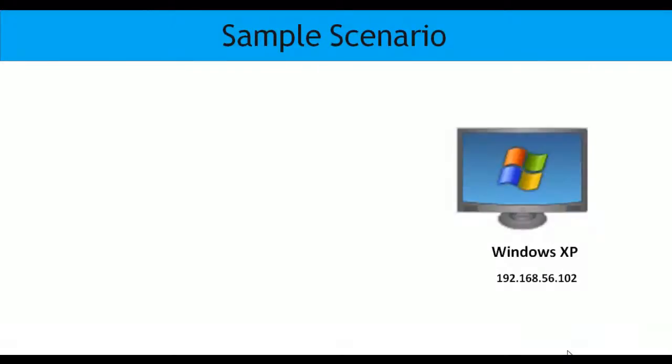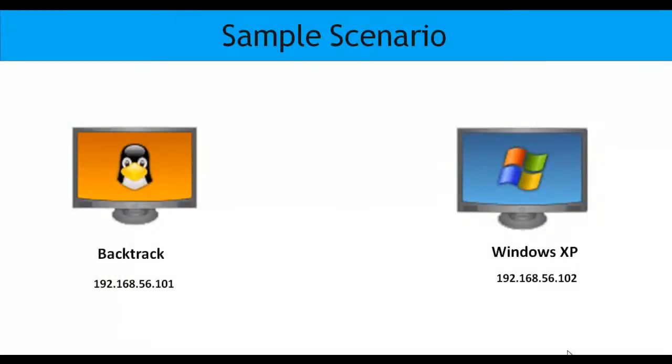And this is a sample scenario of how one can hack into a remote system using Metasploit. We have a test lab. Backtrack is the attacker's machine, with the IP address 192.168.56.101, and we have the target machine Windows XP, which is Service Pack 2, and its IP address is 192.168.56.102.